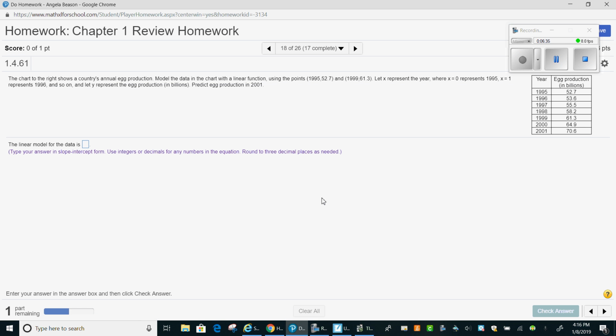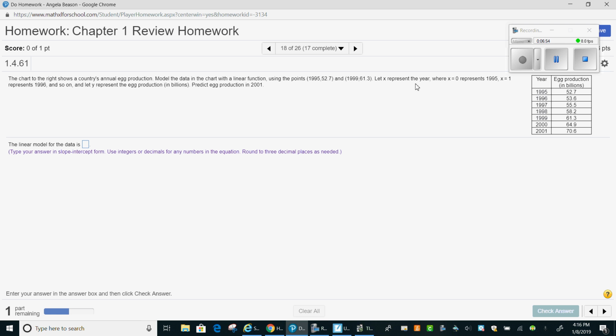So 5/4 x minus 7 works out. All right, the chart to the right shows a country's annual egg production. Model the data in the chart with a linear function. They want you to use these two years, 1995 and 52.7, and 1999 and 61.3.